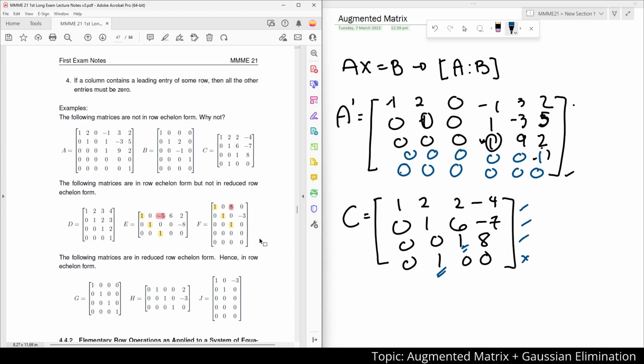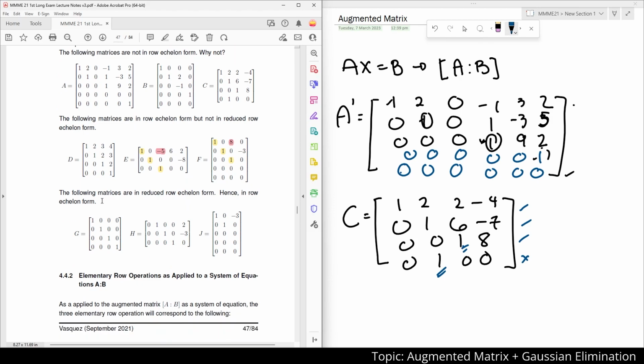Okay? And finally, the following matrices, G, H, and J, are in reduced row echelon form. Hence, they are also in row echelon form. So for G, row echelon form yan because this satisfies 1 yung leading entry ng lahat. Okay? Leading entries natin, they're all 1.